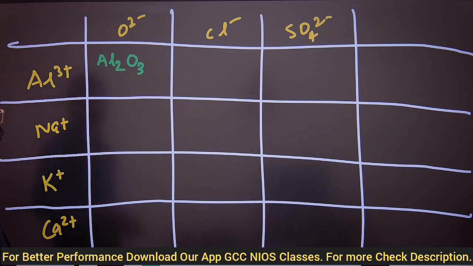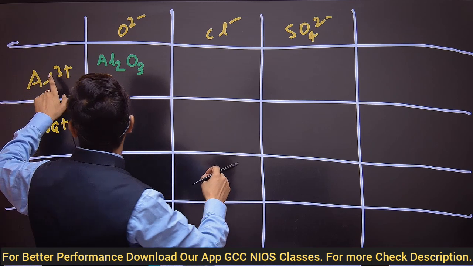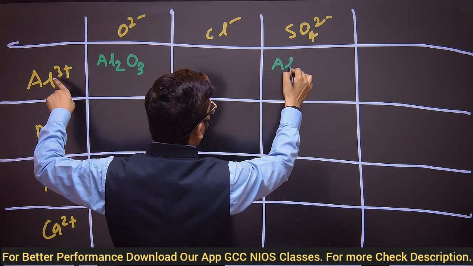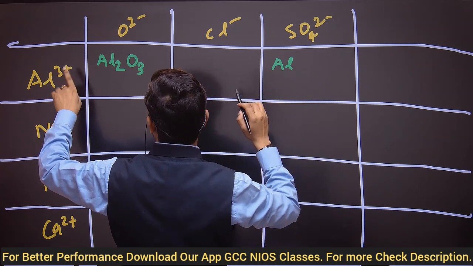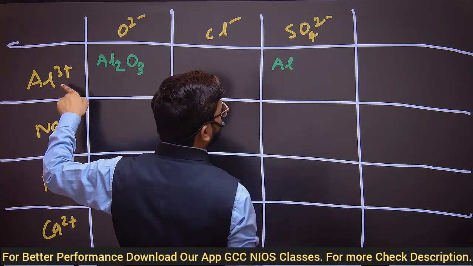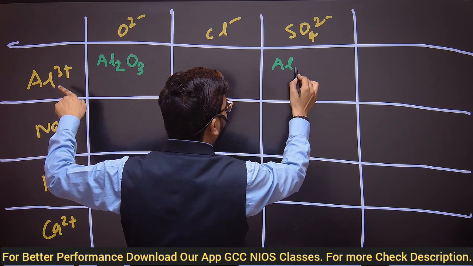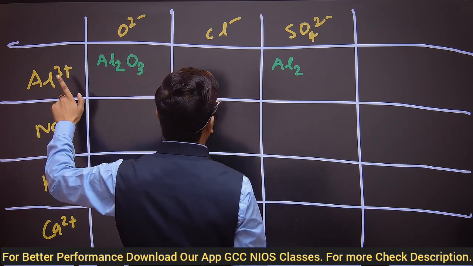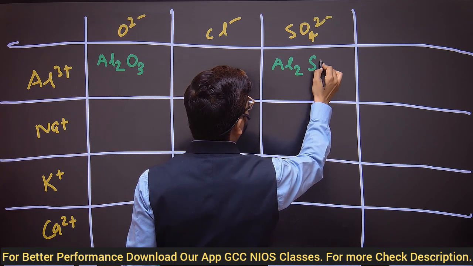Now we'll make Al3 plus with SO4 2 minus. Look here, the valency of aluminum is 3 and the valency of sulfate is 2. So 2 will be written at the foot of the aluminum, and the valency of aluminum will go with SO4.